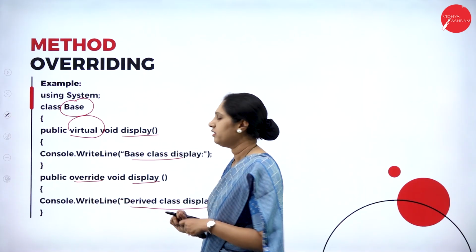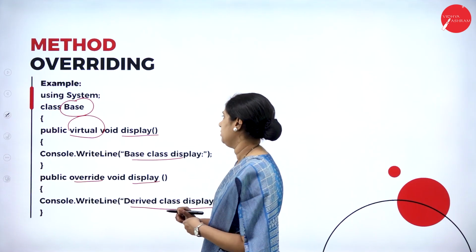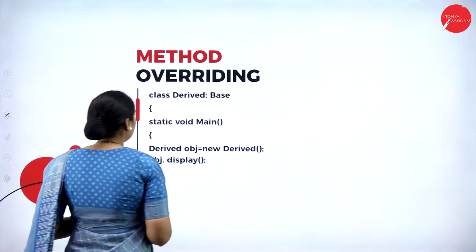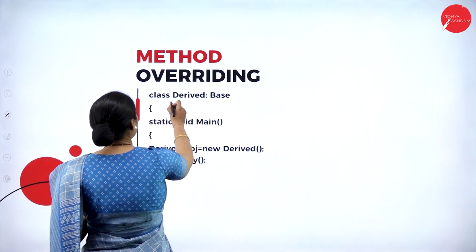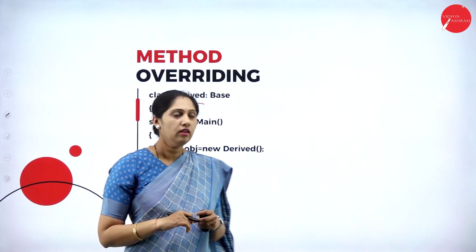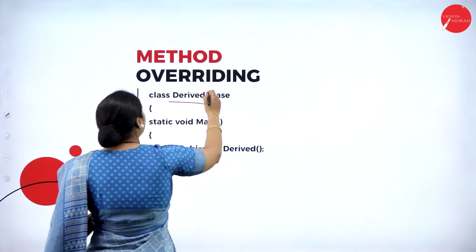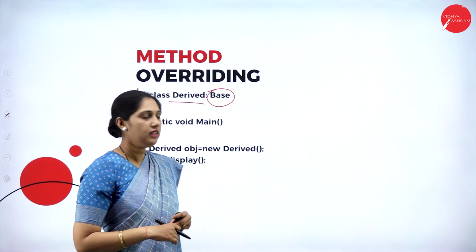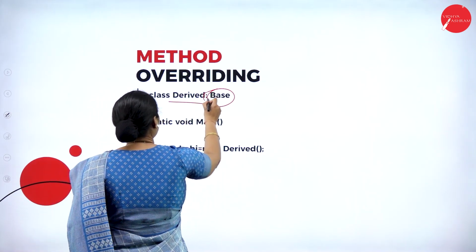Then we say it is a derived class display. This is the syntax of it. Overriding is achieved in inheritance. So, the derived class will have to inherit the properties of the base class with this colon.